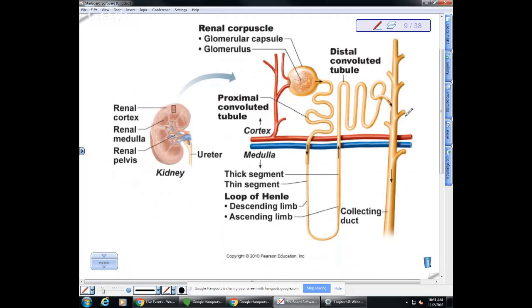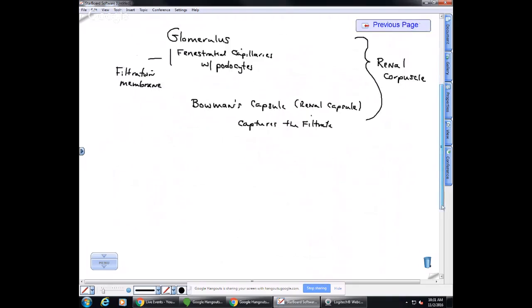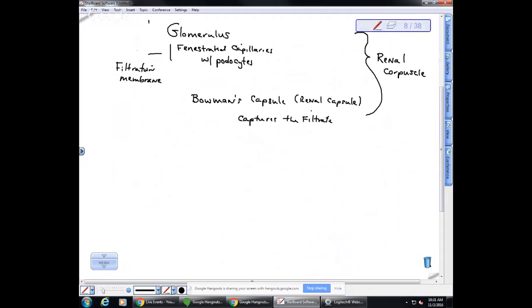So from the renal corpuscle, it goes into what is called, so I'm just going to put, this is first part of the nephron is the glomerulus. The second part is the Bowman's capsule.